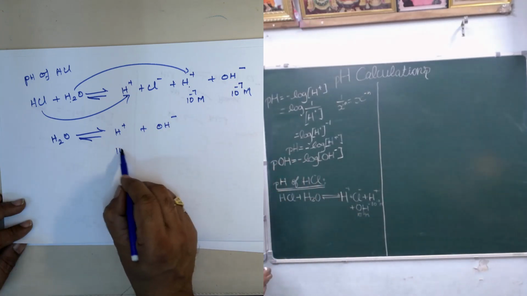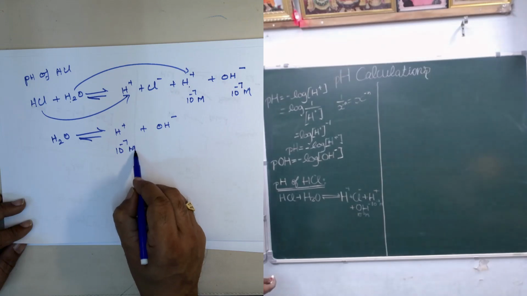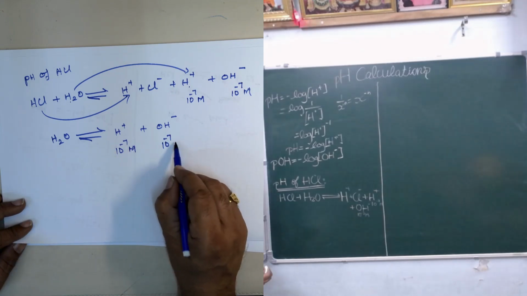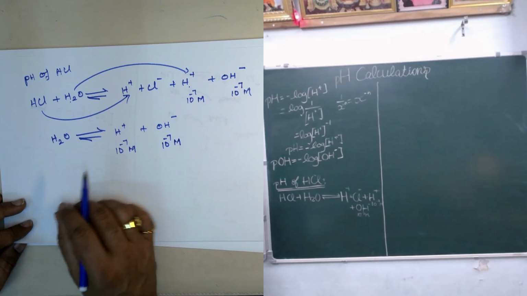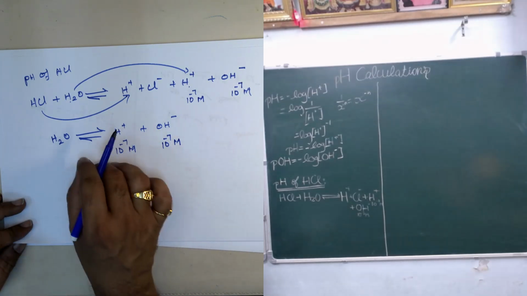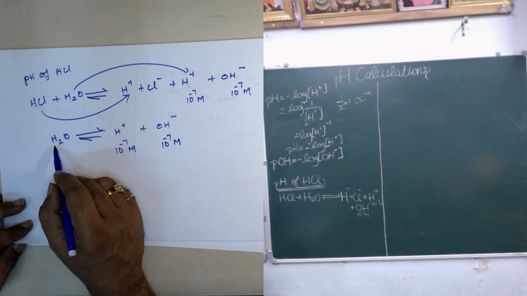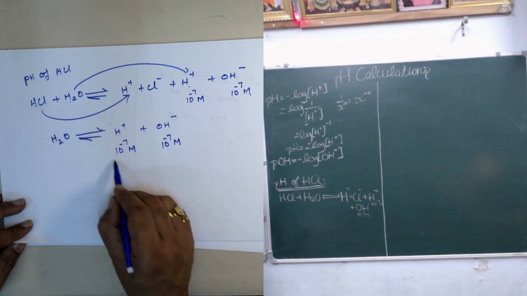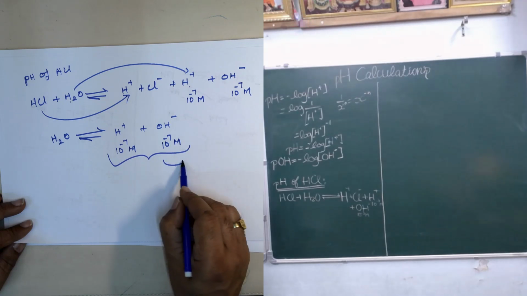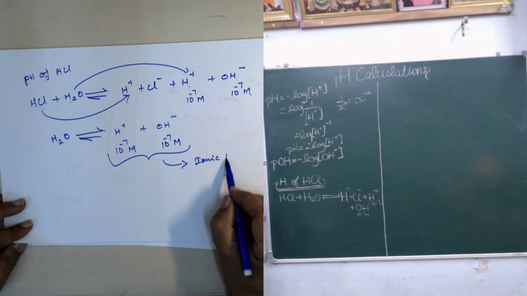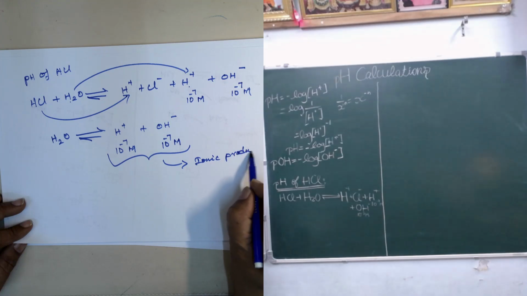It means 10 power minus 7 mol per liter of H plus and 10 power minus 7 mol per liter of OH minus are present in this ionization. And these two can combine together to form water molecules. That is why the product of these two is called the ionic product of water.